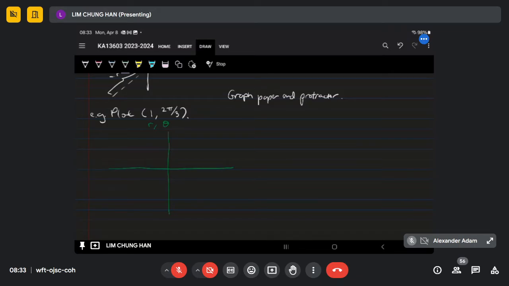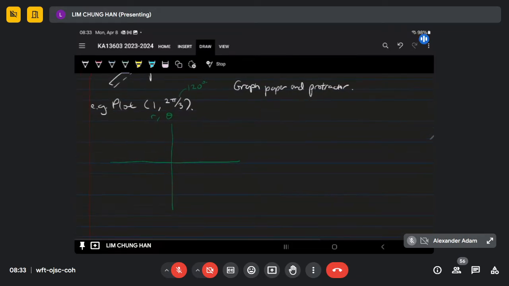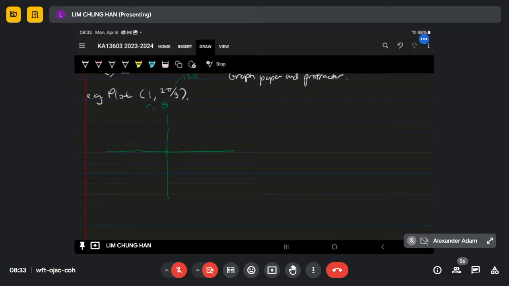So 2/3 pi, how many degrees? 120 degrees. So you put the center of the protractor in the center of that cross. Then you see where is 120, then you draw a line to represent the 120.